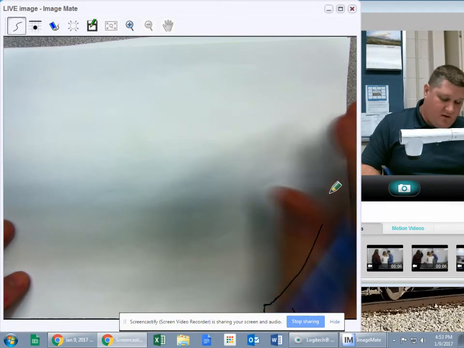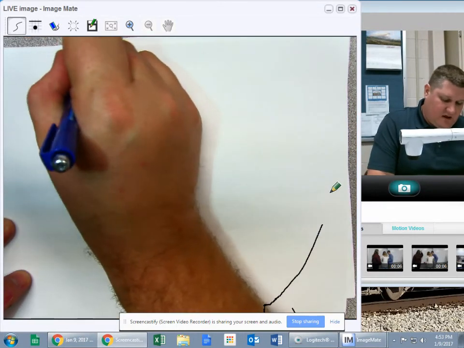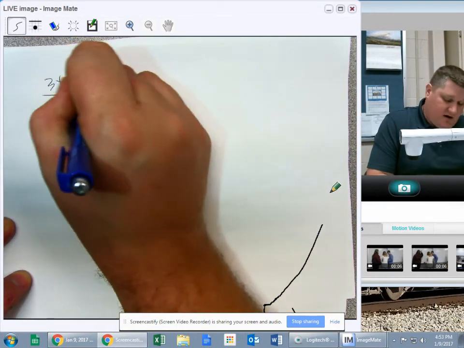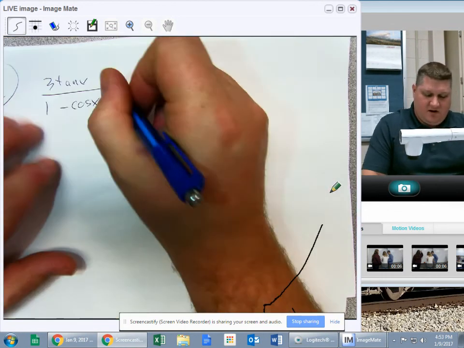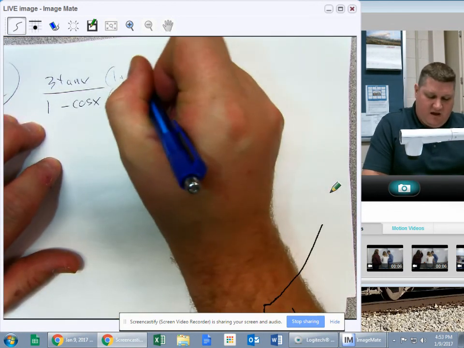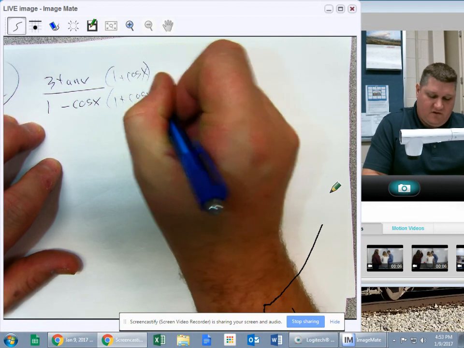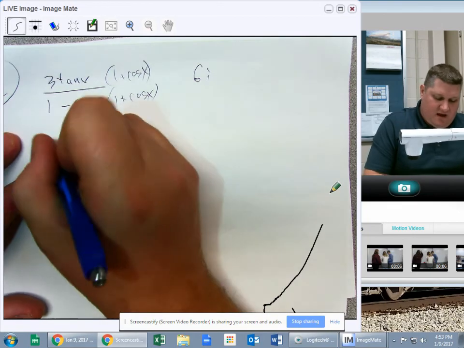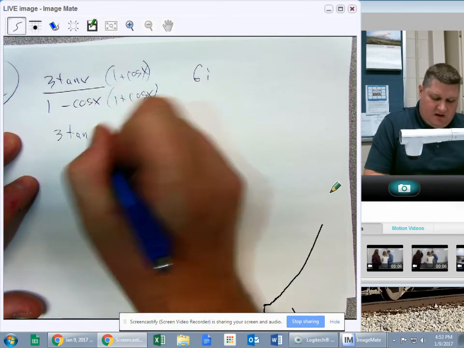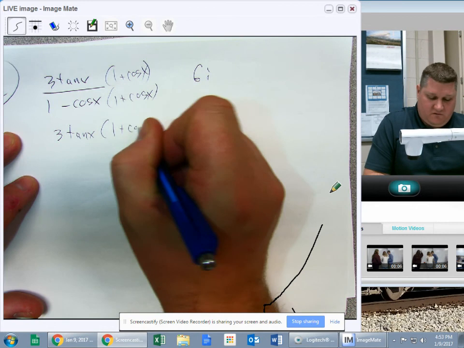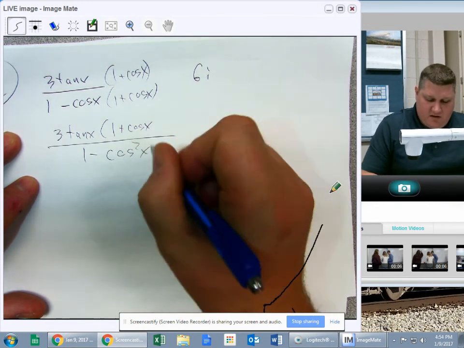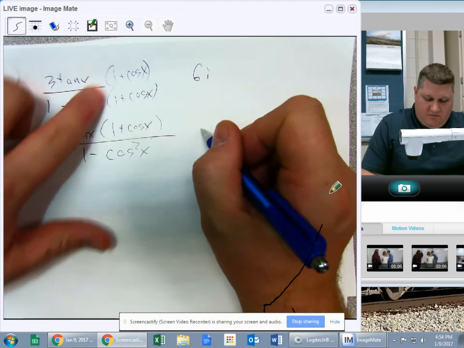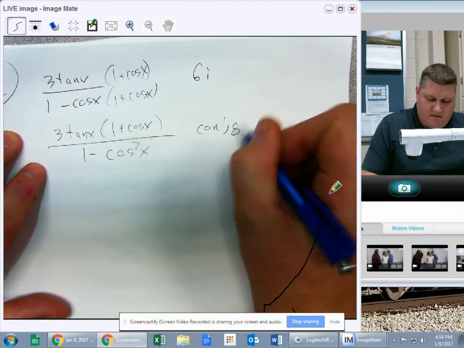Let's go one more. Let's go 3 tan x over 1 minus cosine x. This is for 42. Again, I'm going to go conjugate, 1 plus cosine x, 1 plus cosine x. And I have 3 tan x, 1 plus cosine x, all over 1 minus cosine squared x. And that is by conjugate.